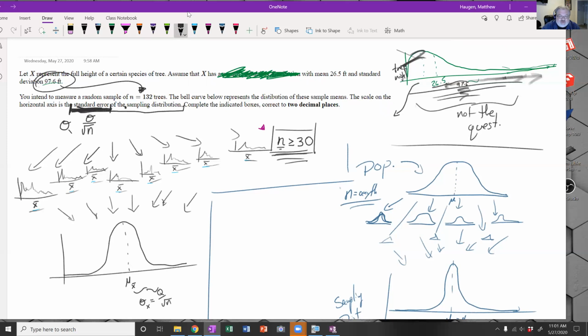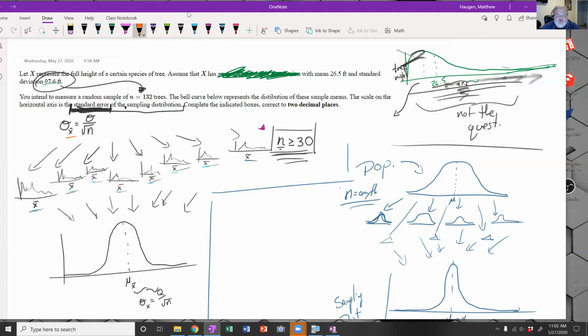Now, this is specifically the formula for the standard error of a distribution of means. In 8.2, we talk about the distribution of proportions instead. We go back to binomial distributions. That doesn't have a sample standard deviation. Well, it does have a data standard deviation, but we don't use it.